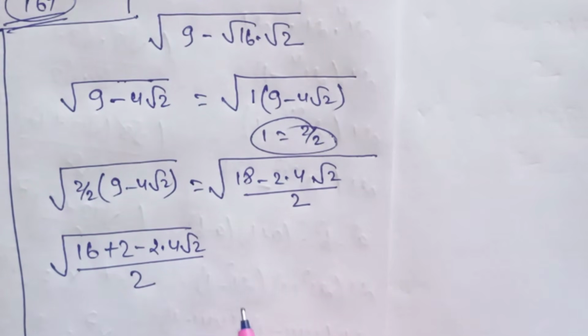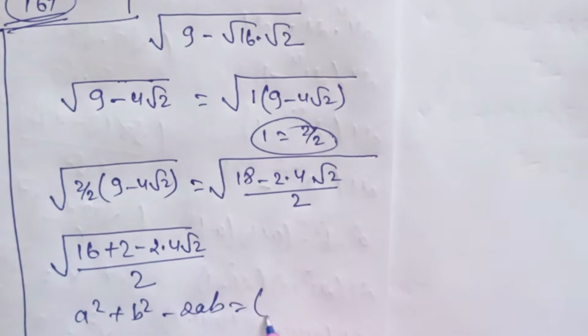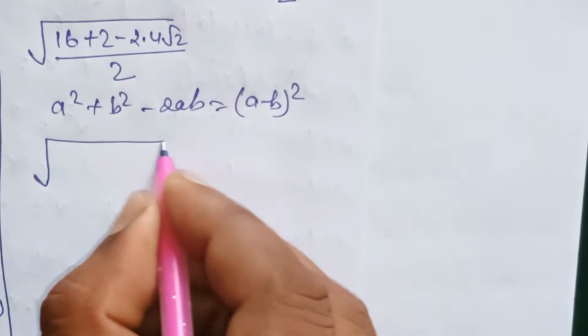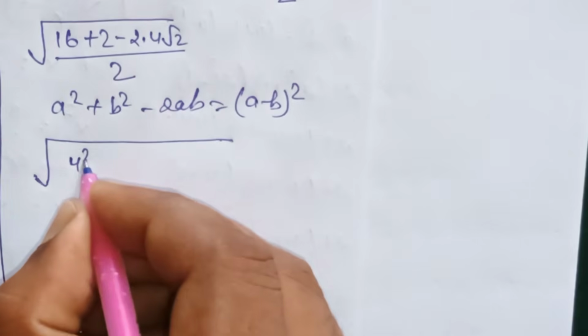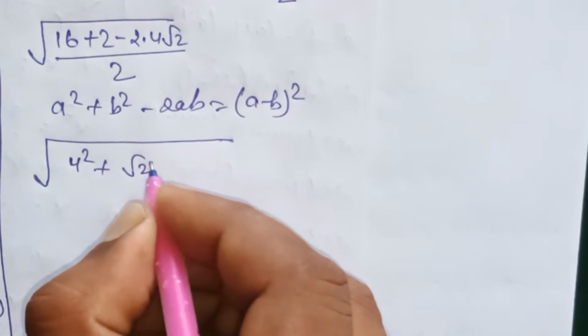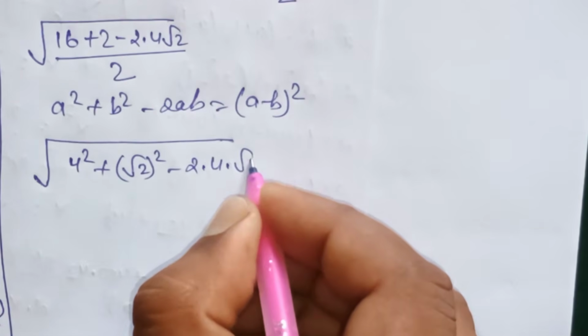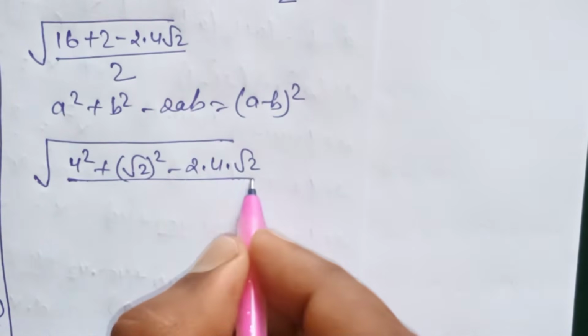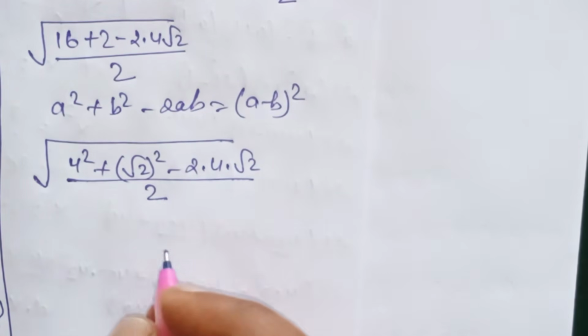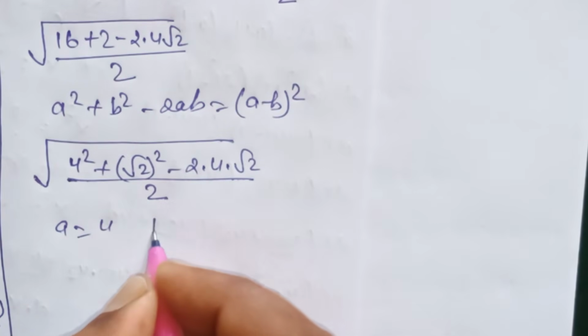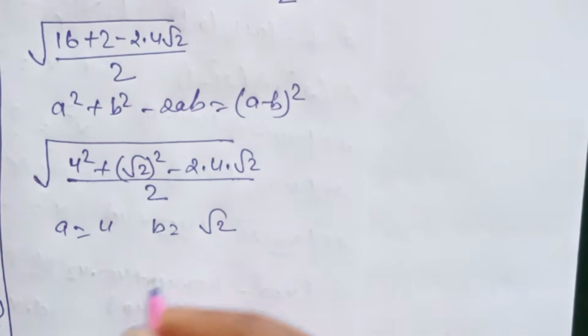We know that a square plus b square minus 2ab is equal to a minus b whole square. Root under 4 square plus root 2 whole square minus 2 into 4 into root 2, divided by 2. Here a is equal to 4, b is equal to root 2.